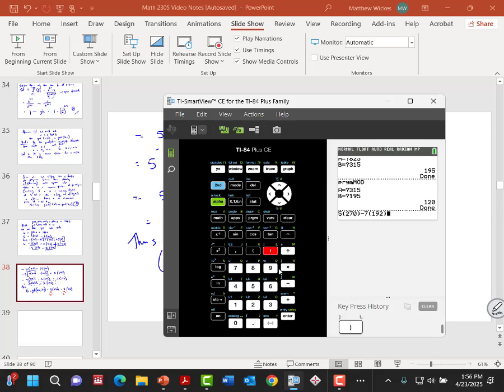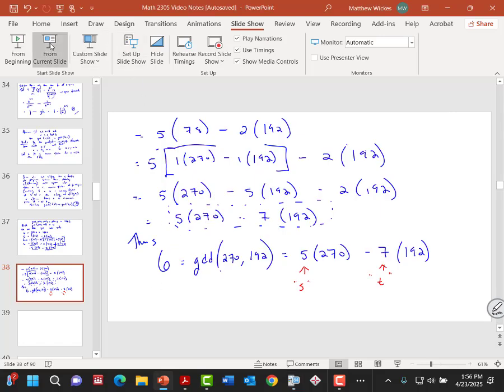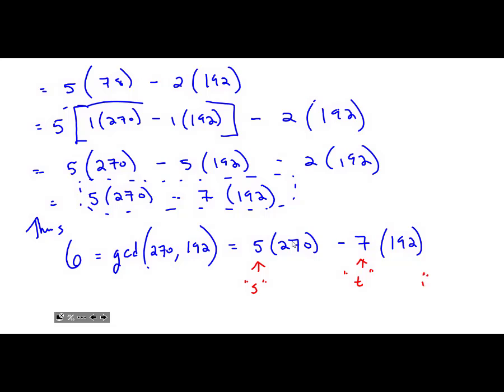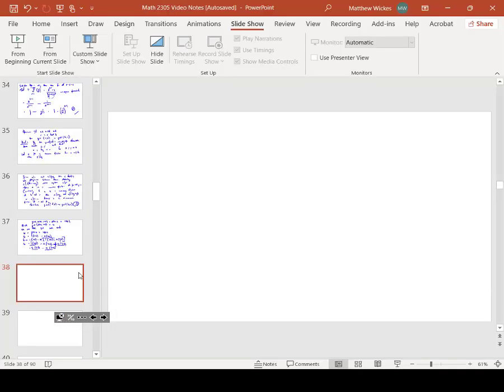Hopefully it equals 6. It does. So we found our integers s and t to where I can write this GCD as a linear combination of the two. And that will close the door on the Euclidean algorithm.